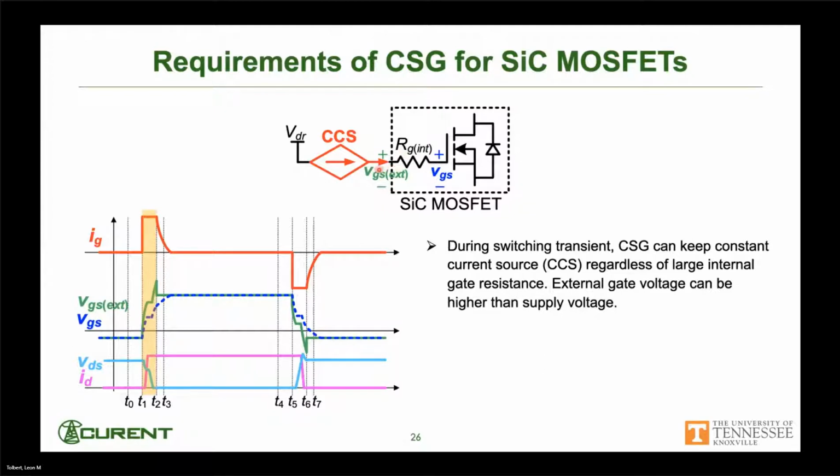And so what we try to do here is push this external VGS to be about as close to as high as you can without damaging it, keeping an eye on it. If we know this internal resistance, then we know what this internal VGS is.